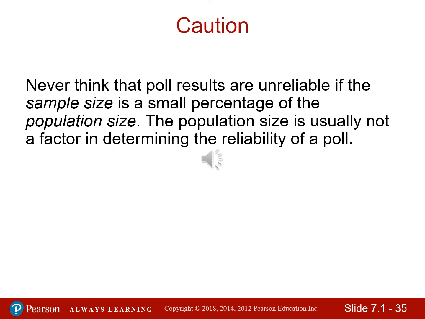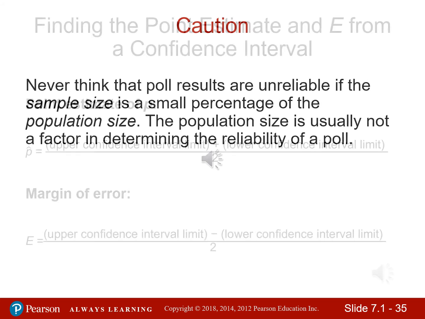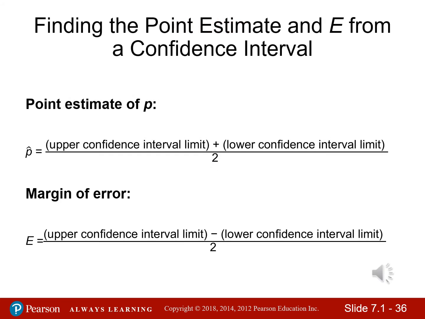One note of caution: never assume that poll results are unreliable, even if the sample size is a small percentage of the population size. The population size is never really a factor in determining the reliability of a poll. In a situation where you are given just the confidence interval, you can calculate the point estimate of P using just that information.